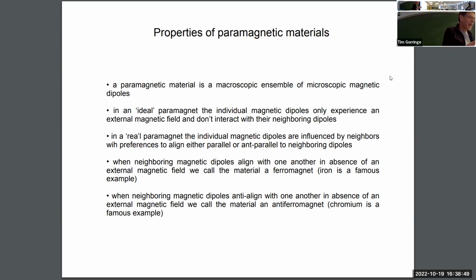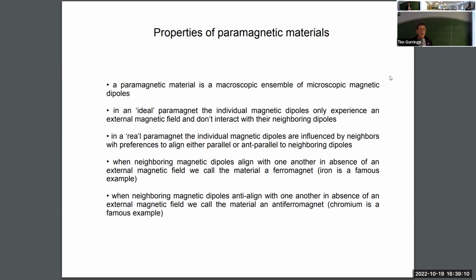One special case of that is when the interaction is sufficiently strong that the dipoles can align with one another, even in the absence of some external field. And that's what we call ferromagnetism.